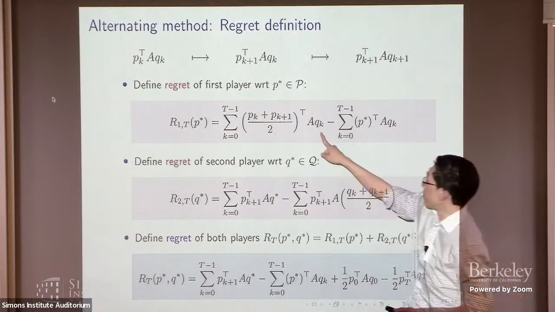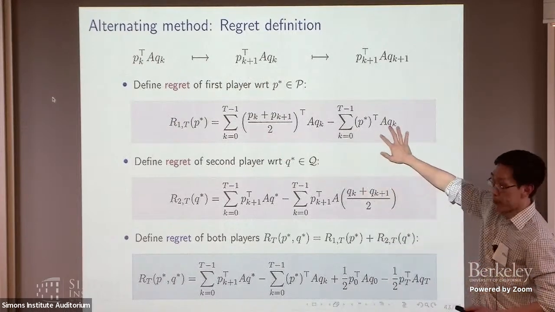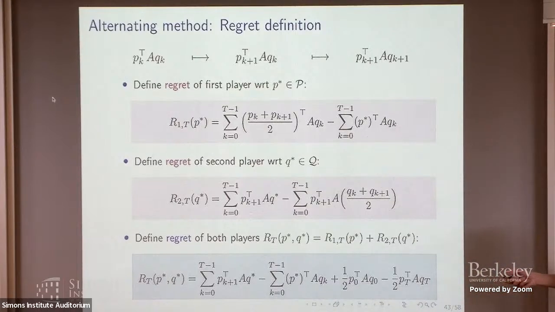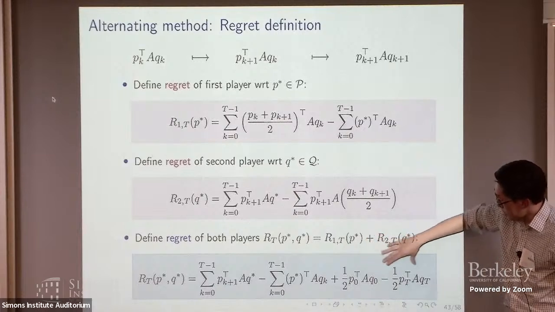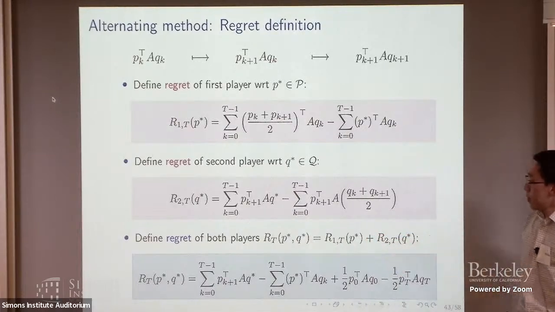So that's what happens here, and then minus a reference point. Similarly, for the second player, we just do a different accounting. So you take this update and this update, and then when you sum them up, most of these terms cancel with these terms. So you get this reference minus this reference plus something constant, right?